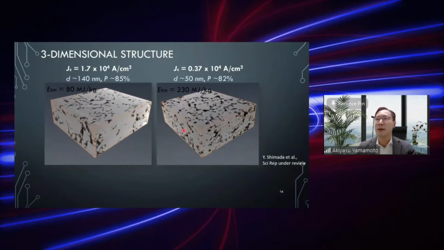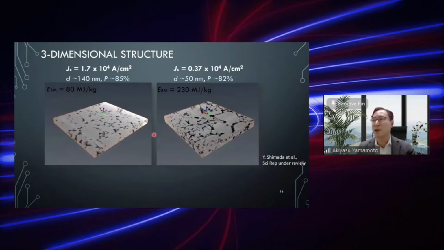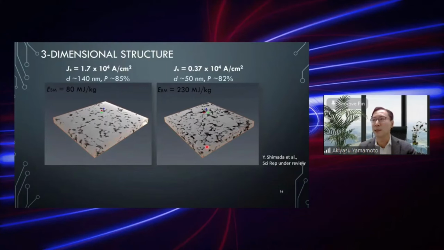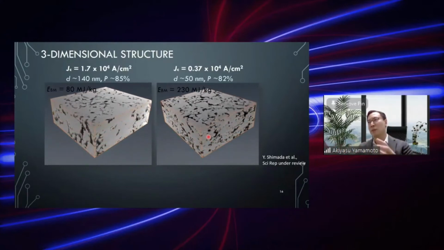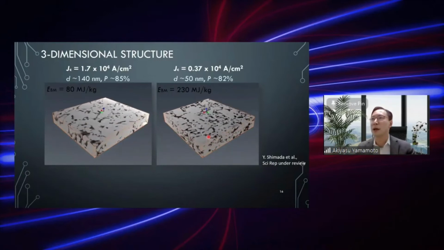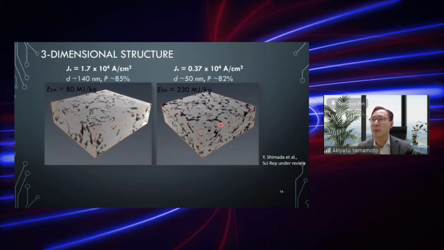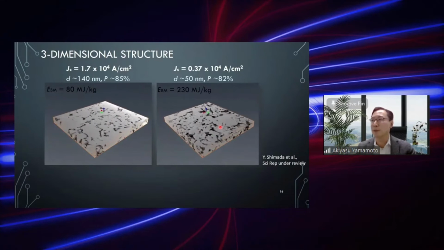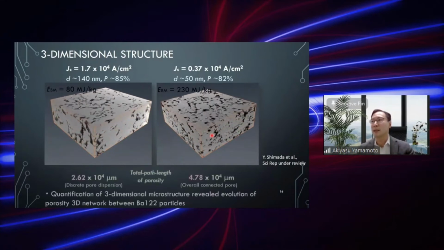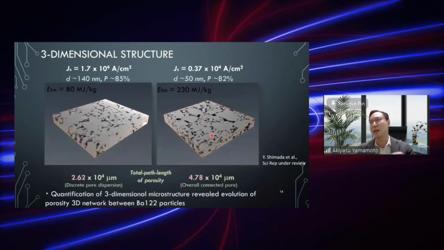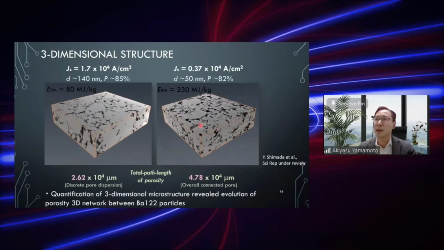And these 3D images revealed that in the sample with fine grain size, anomalous growth of secondary particles occurred, and also interparticle structures are significantly different. And this may extrinsically limit the JC of the fine grain sample.